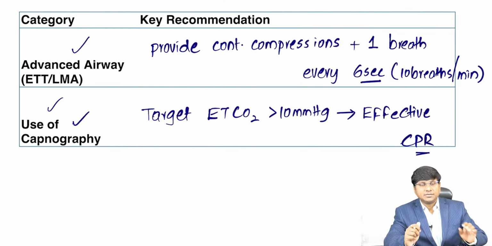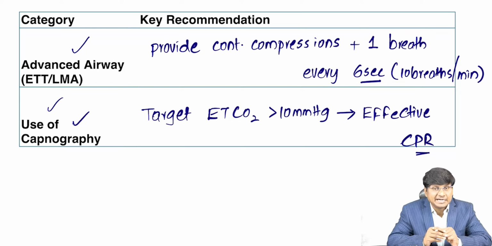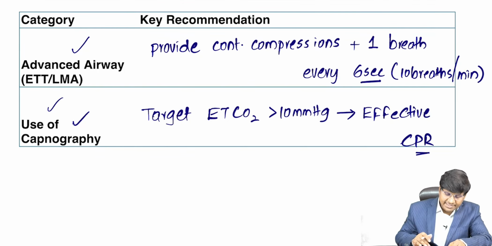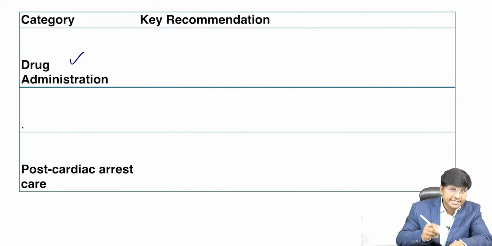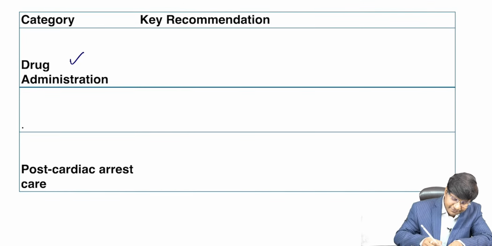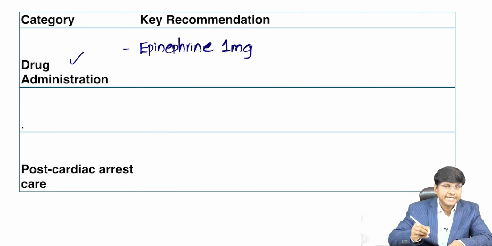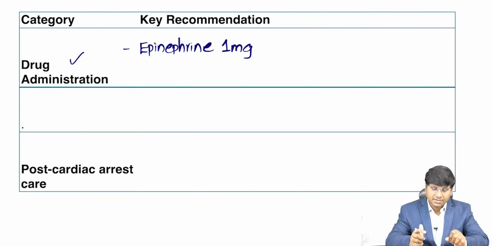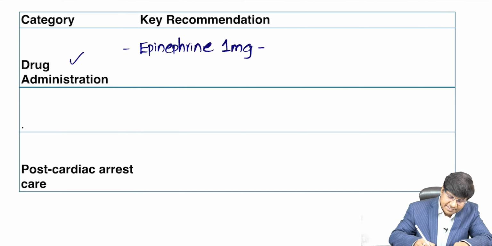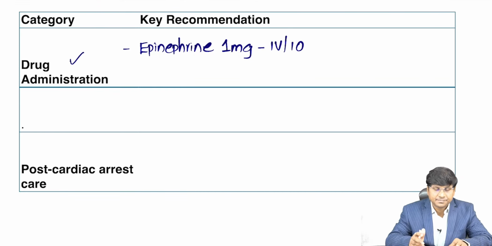Then what are the drugs that have to be administered? Number one is epinephrine. The dosage of epinephrine is around 1 milligram, and the route of administration is either intravenous or intraosseous.